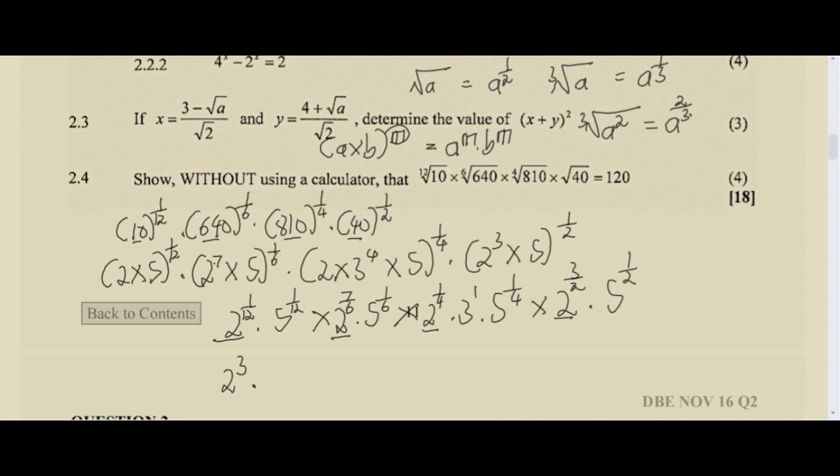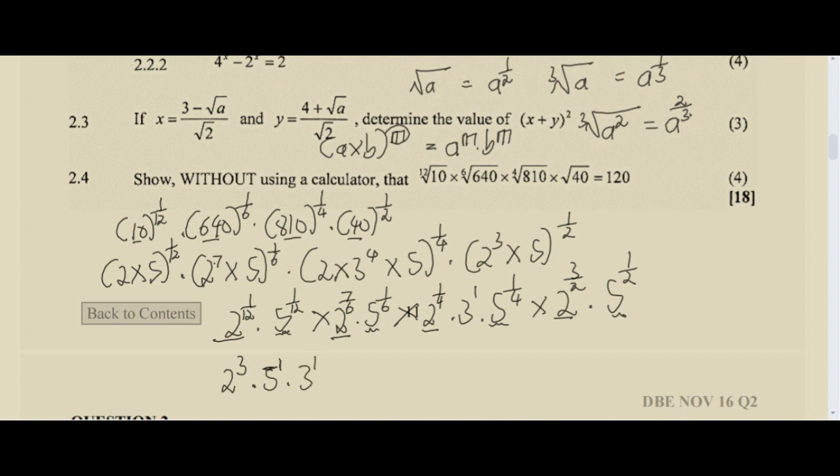Then again we are at base 5, so we're going to add all the exponents on base 5. If we say 1 over 12 plus 1 over 6 plus 1 over 4 plus 1 over 2, the solution that we get is 1. So keep the same base and then the exponent 1. Right, then we are only left with this 3 here, 3 to the exponent of 1.